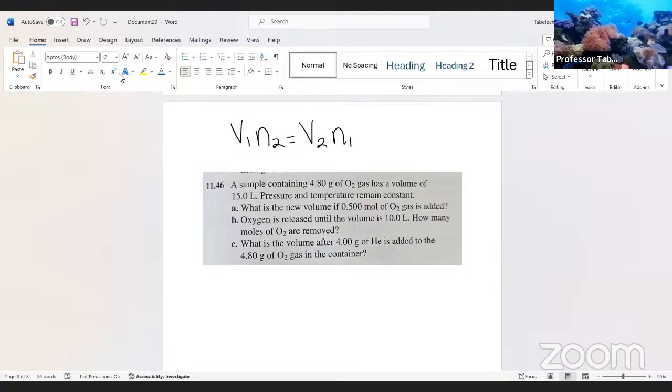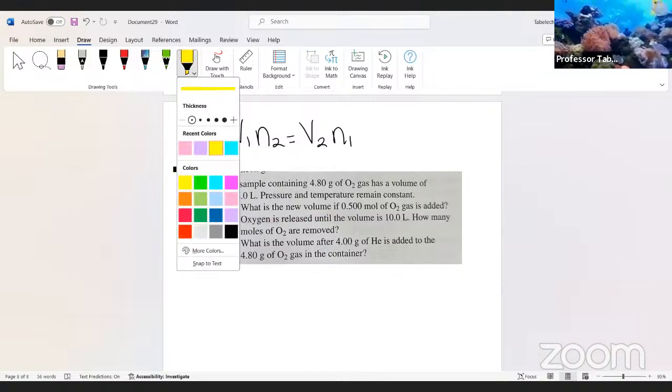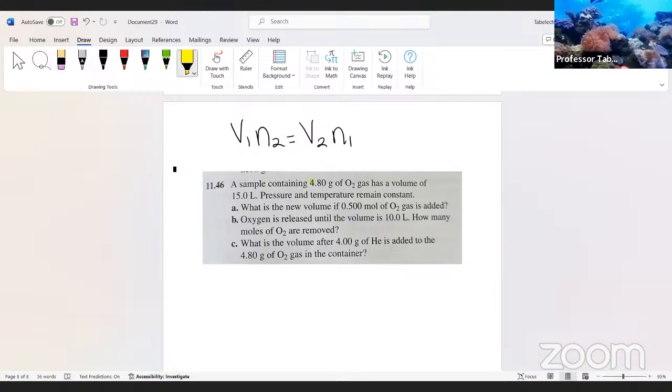So let me go ahead and highlight things that we have in the problem. Again, we're doing letter B. Initially, in this top part, it says a sample containing 4.80 grams of oxygen has a volume of 15.0 liters.